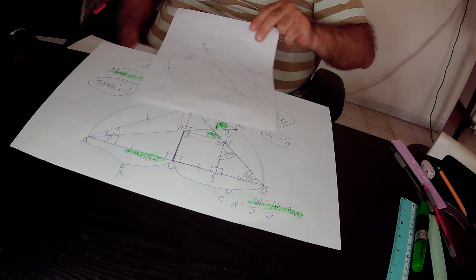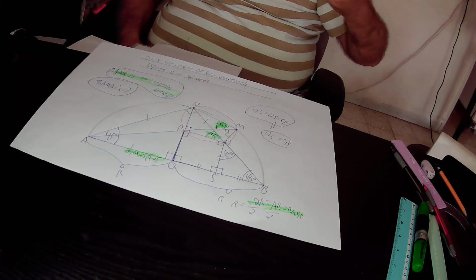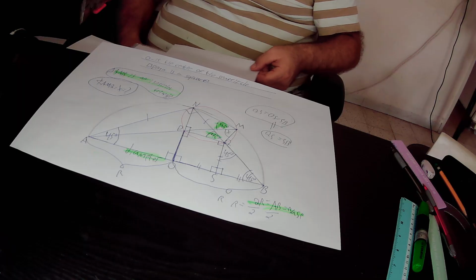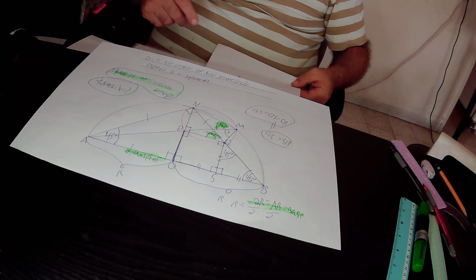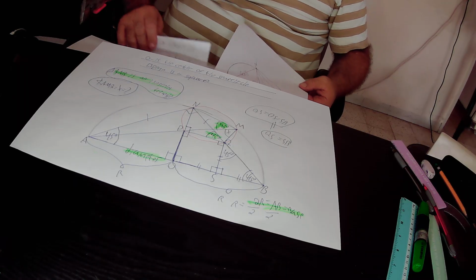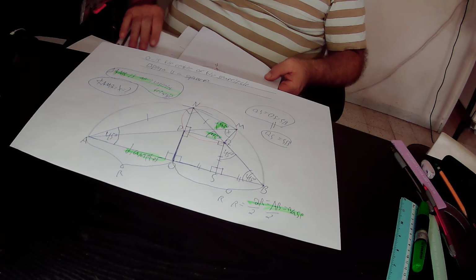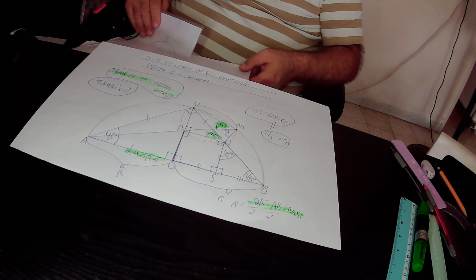So, in the next step, we prove that quadrilateral NMQP is a cyclic quadrilateral. That is to say, the quadrilateral NMQP can be enclosed by a circle. What is the meaning of a quadrilateral that is inscribed by a circle?